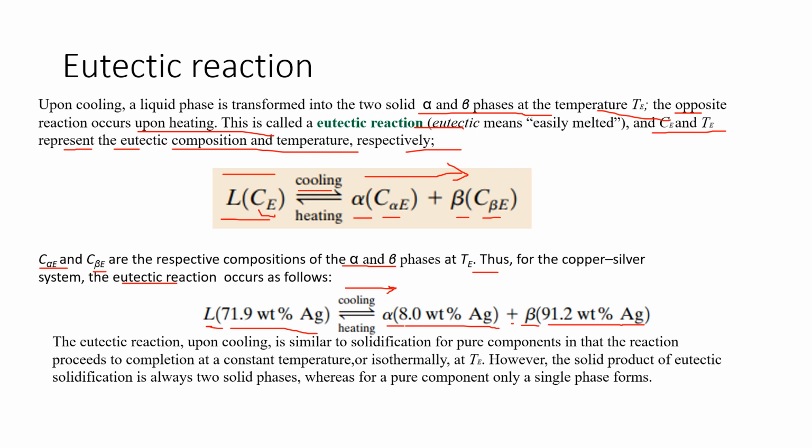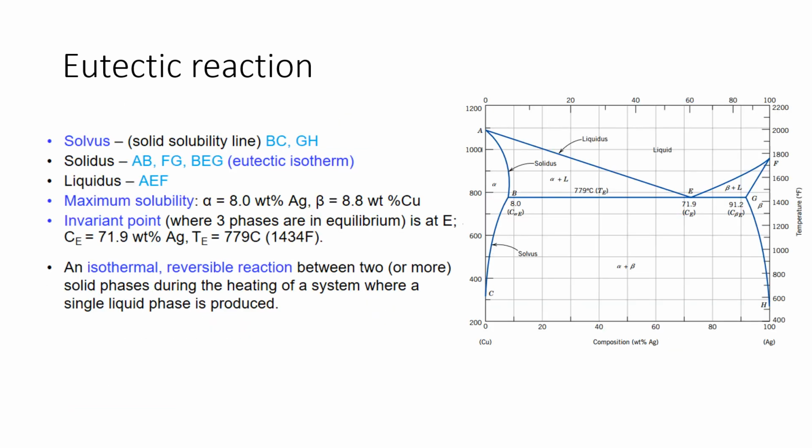Thus, the eutectic reaction upon cooling is similar to the solidification of pure components, in that the reaction proceeds to completion at a constant temperature, or isothermally, at TE. However, the solid product of eutectic solidification is always two solid phases, whereas for a pure component it is only one.